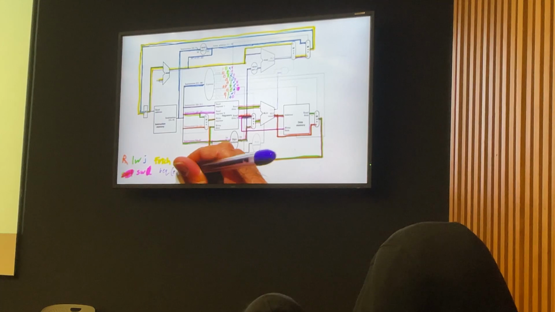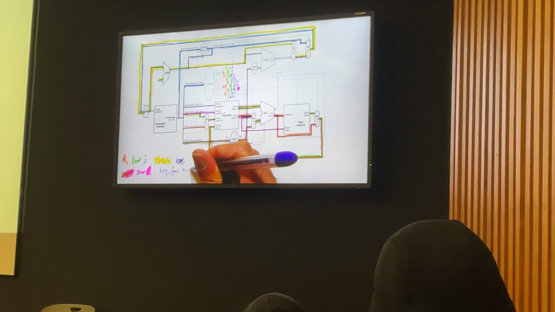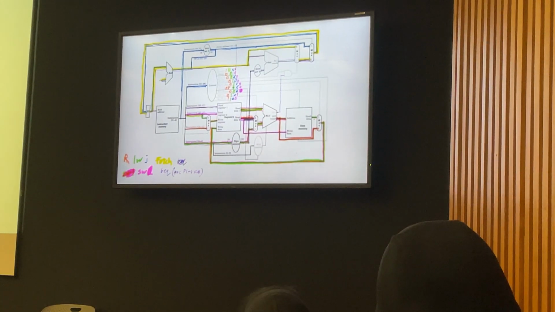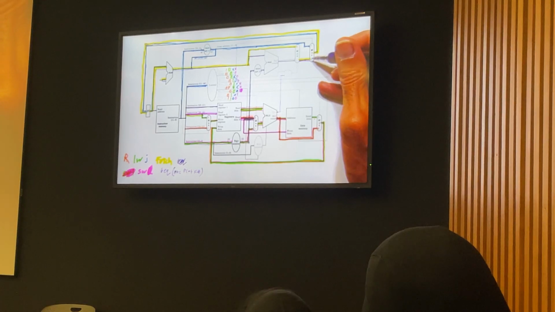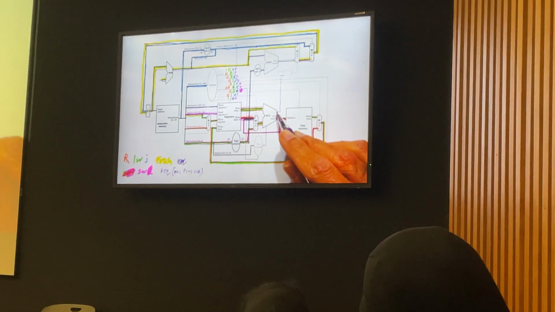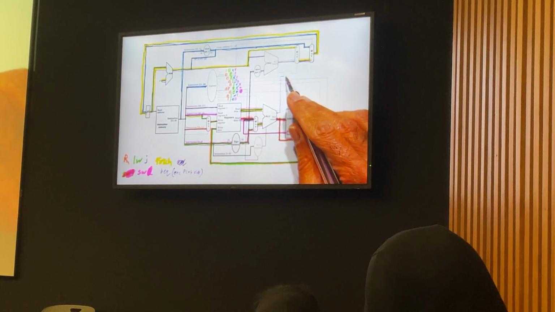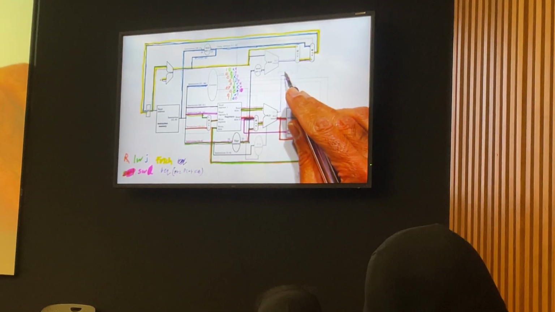Okay? Because I don't want to mess up the diagram. How do we do that? If they're equal, this is going to be a 1. So if they're equal, if one input of the AND gate is a 1, that means the other input of the AND gate gets true.